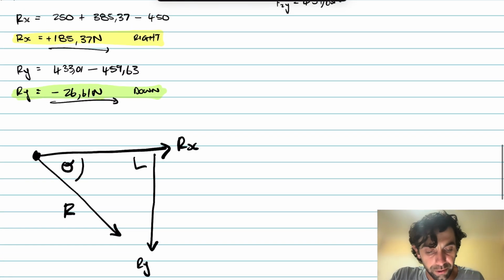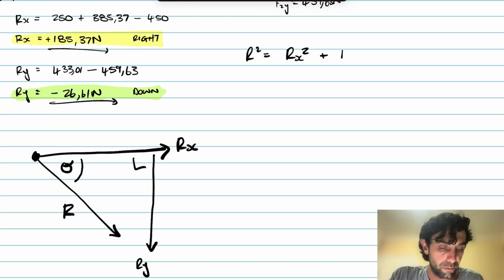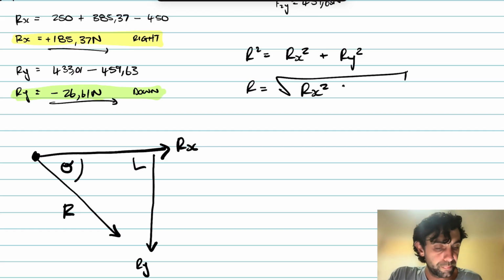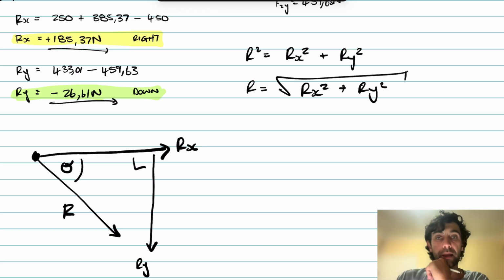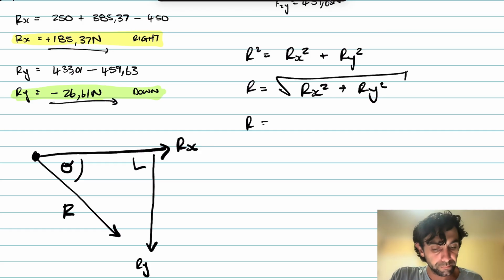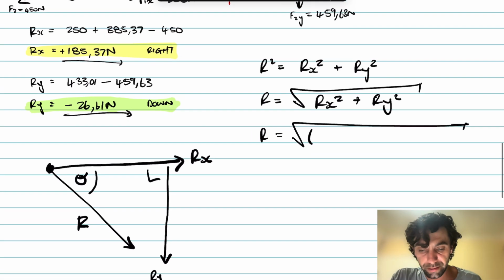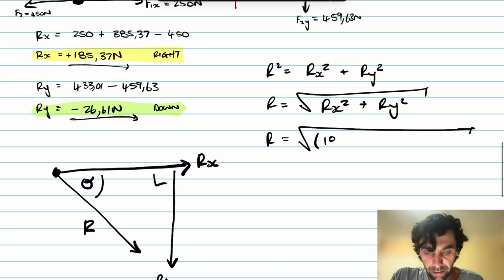Well, we have R squared equals Rx squared plus Ry squared. Okay, I'm going to square root both sides and write my Pythagorean theorem like that. All right, and what we find is 185,37, and don't forget to square it, please.